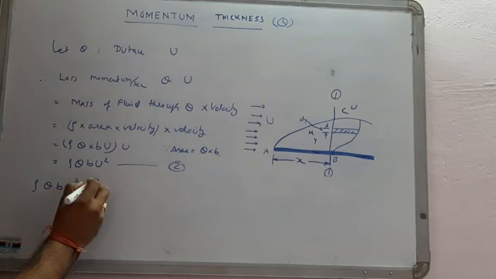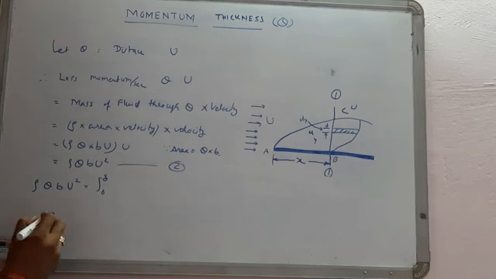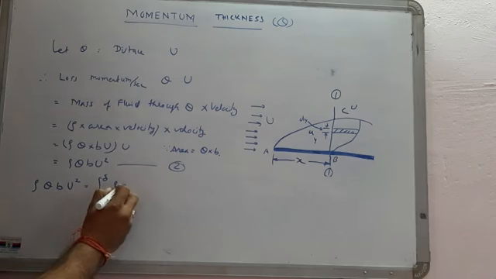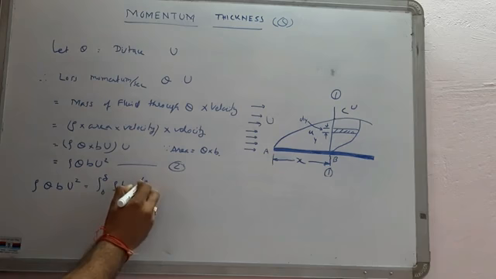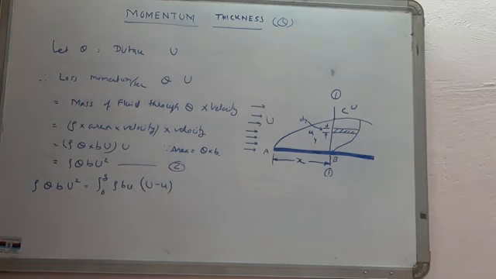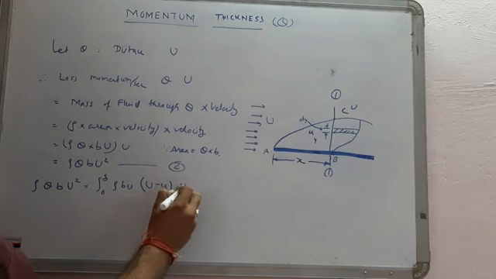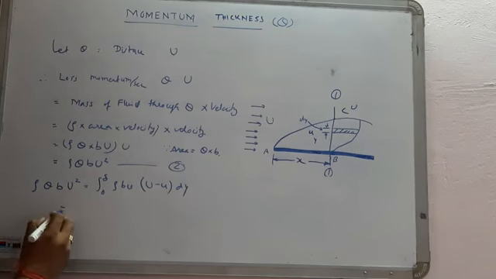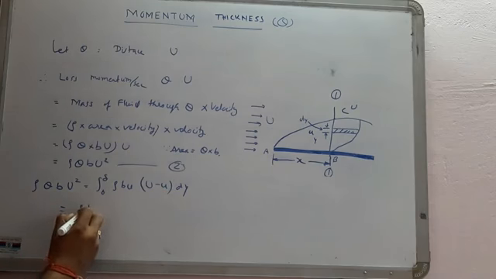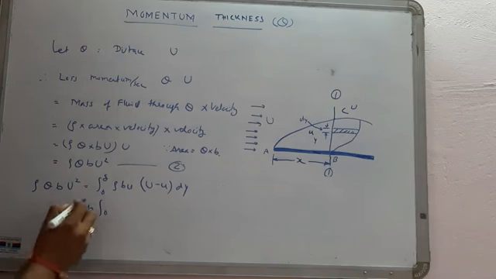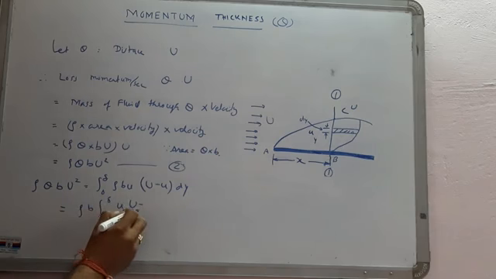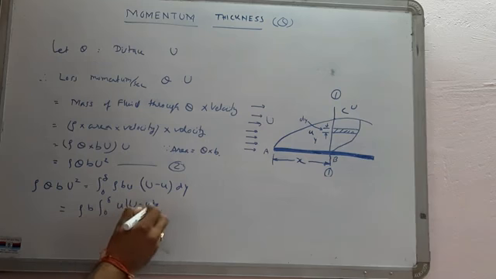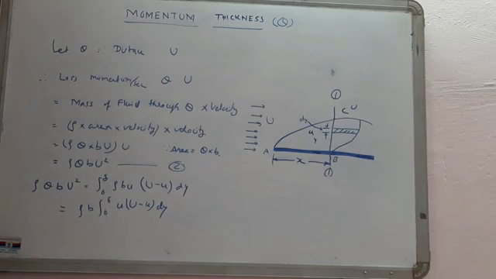Now equating both the equations 1 and 2, we know that rho theta B U square equal to integration 0 to del rho b u (U minus u) dy, equal to rho B integration 0 to del u (U minus u) dy, if the fluid is assumed incompressible.